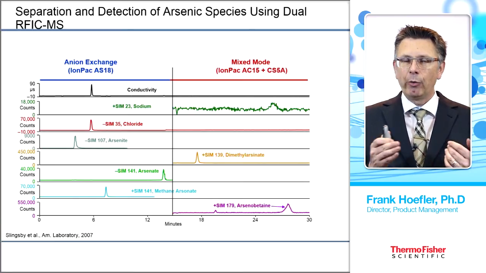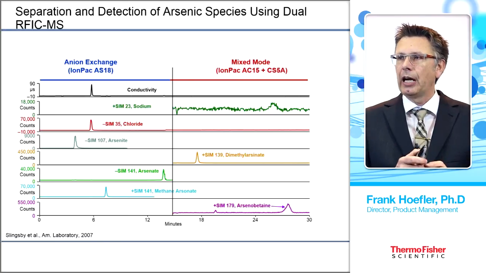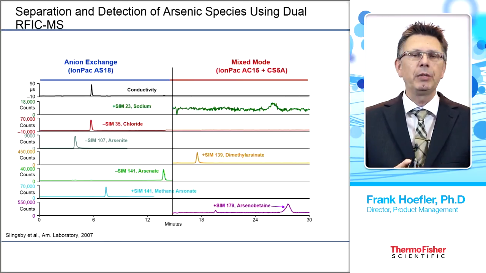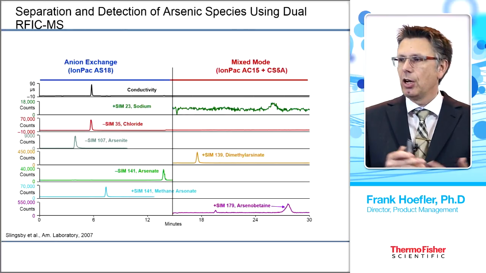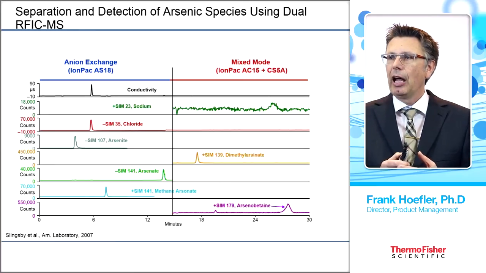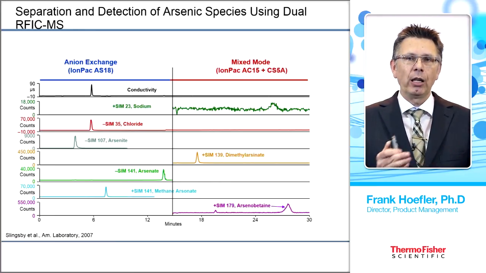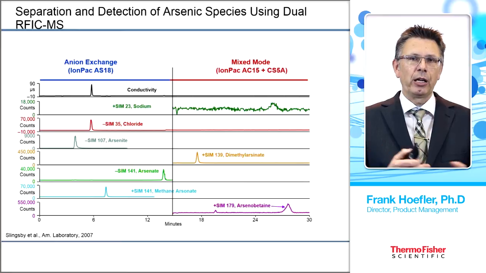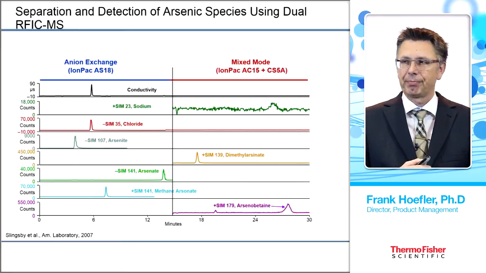And we have worked out the method that first the anionic species are eluting, being detected with a mass spec, and afterwards the cationic species. So the total runtime for this example is about 30 minutes, and we are able to analyze all inorganic as well as organic arsenic species here.